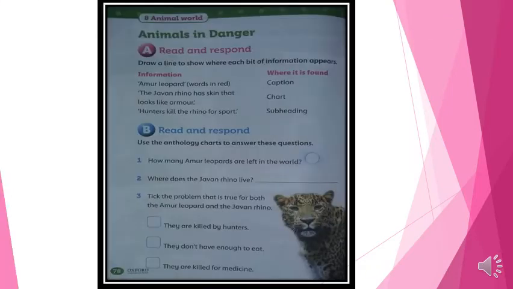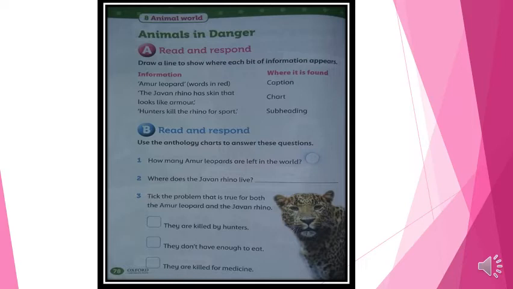Now, come to A. Read the question with me. Draw a line to show where each bit of information appears. So at one side, there is information and on the other side, there is where it is found. So you are going to match it with the proper one.